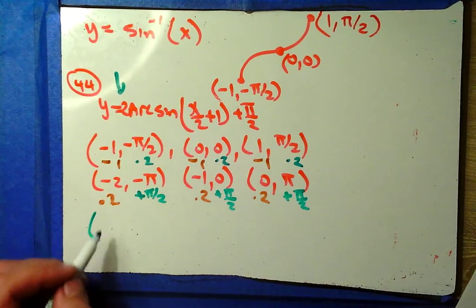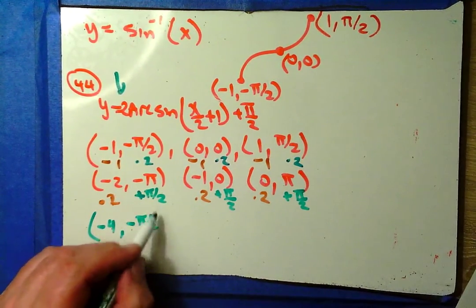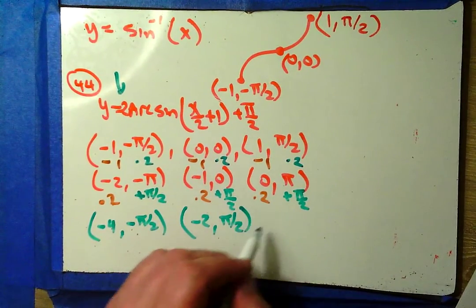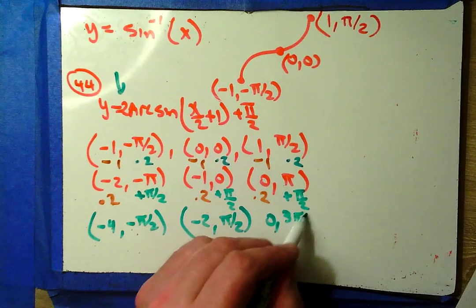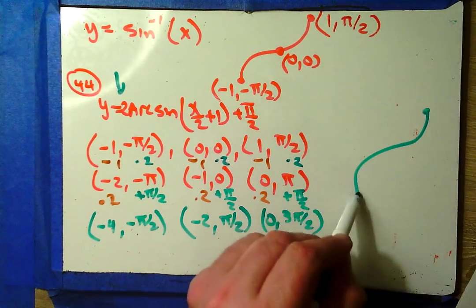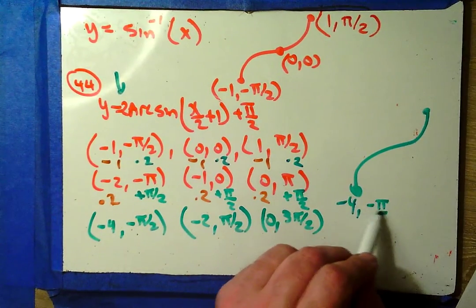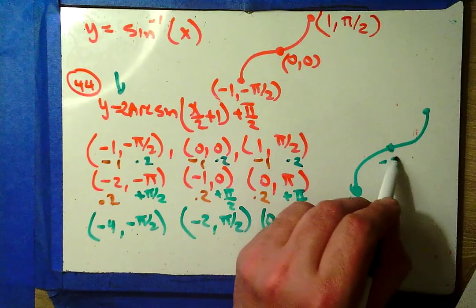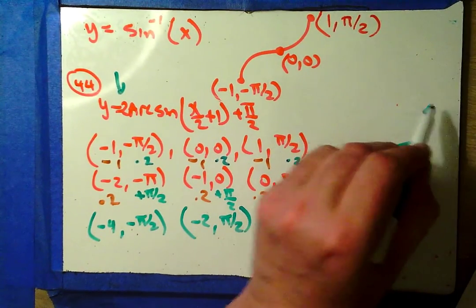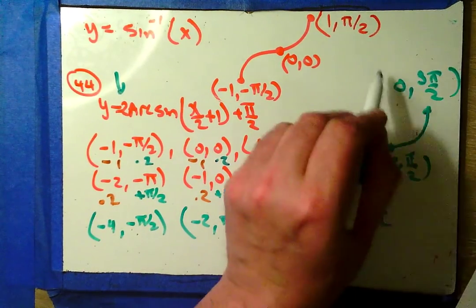And so we end up with negative 4, negative pi over 2; negative 2, pi over 2; and 0, 3 pi over 2. We have that same characteristic shape. This point is negative 4, negative pi over 2. This point is negative 2, positive pi over 2. And this point up here is 0, 3 pi over 2.